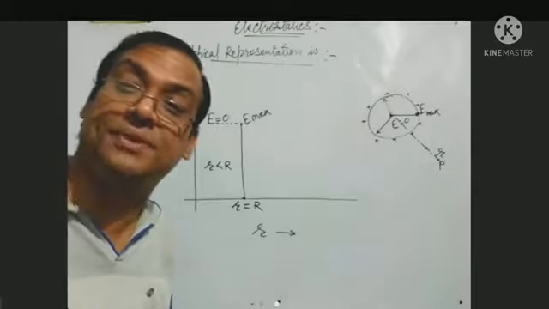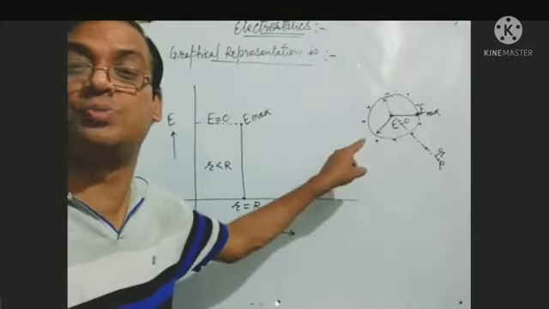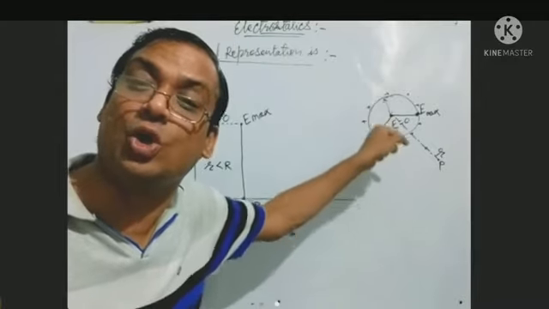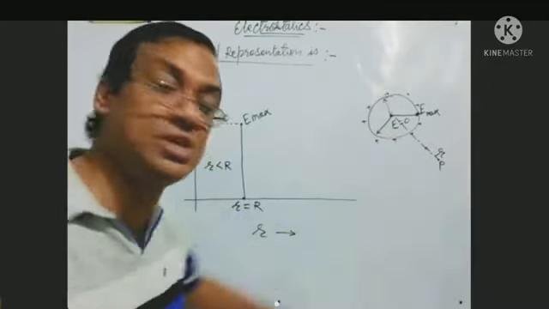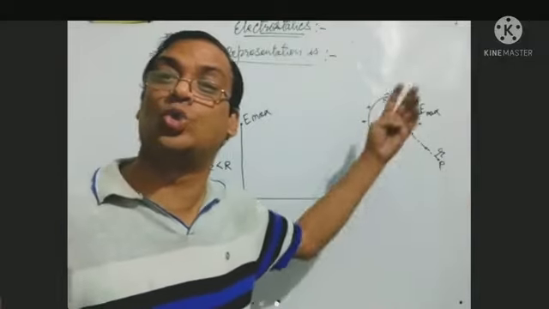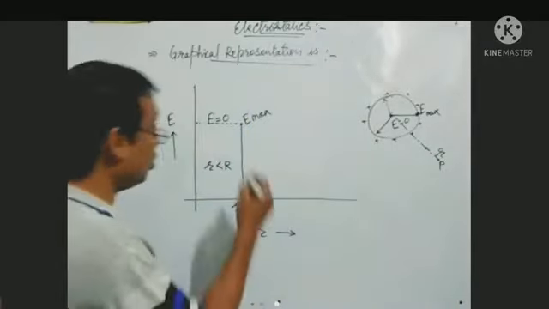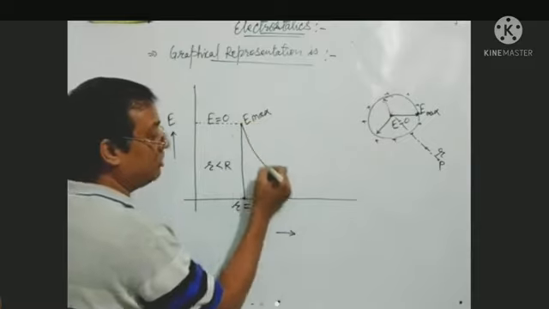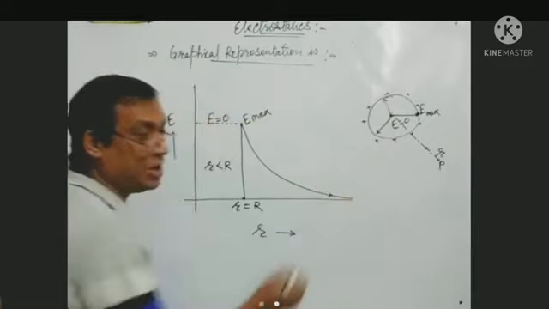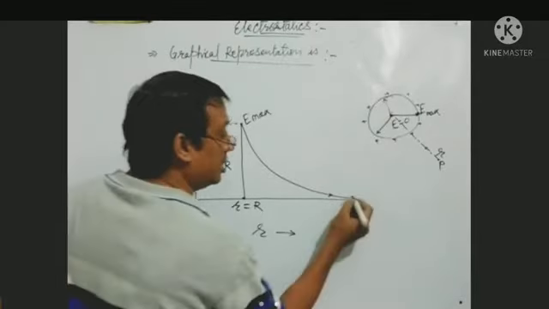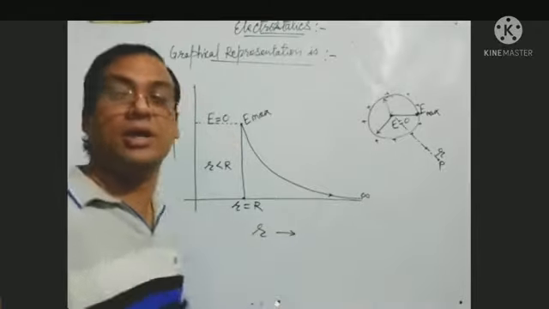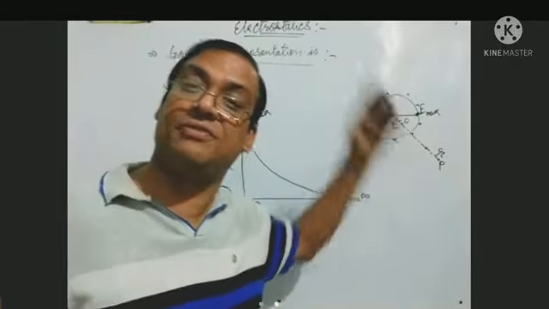But what happens afterwards? As soon as it passes beyond the spherical charged body, it goes to distance r, which is greater than capital R. Then it can go to infinity even, so its value will be decreasing likewise. It will never meet this point because the electric field can exist till infinity.